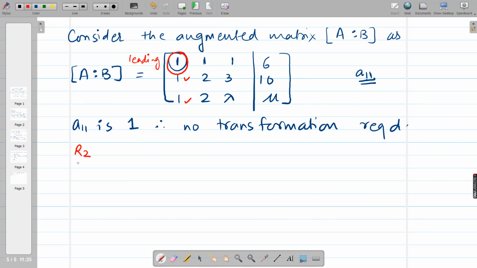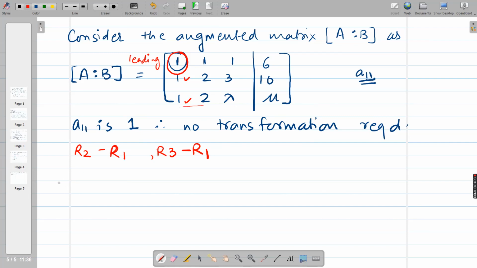So the row in which I want to make the change, I'm writing that row first. So R2 changes to R2 minus R1, simply 1 minus 1 is 0. And R3 also, R3 minus R1, 1 minus 1 will give me 0. And I have to apply this operation throughout this row.